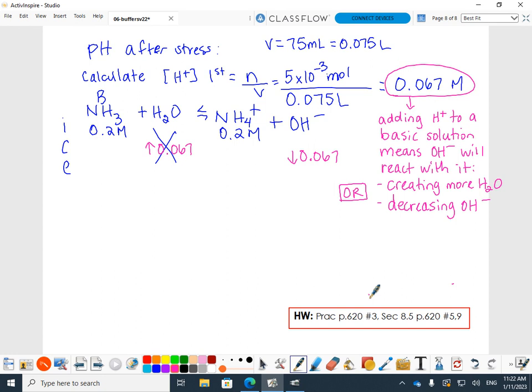So again, either way, if you decrease this, it has to shift right to make more. If you increase this, it has to shift right to use it up. So then this will increase and this will decrease in a shift right. Or forward, sorry, if you don't like right.